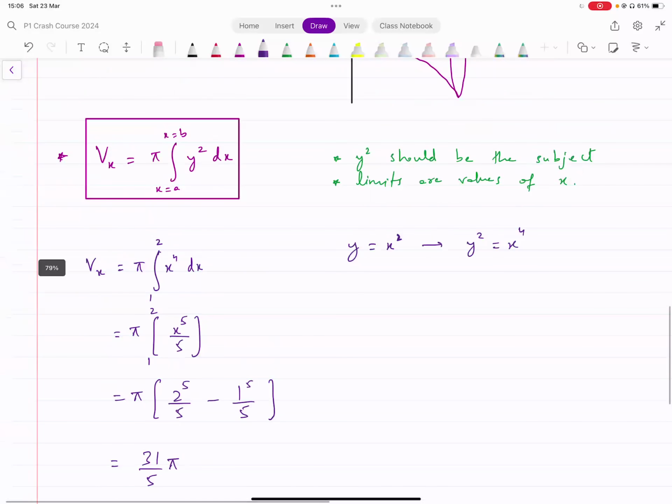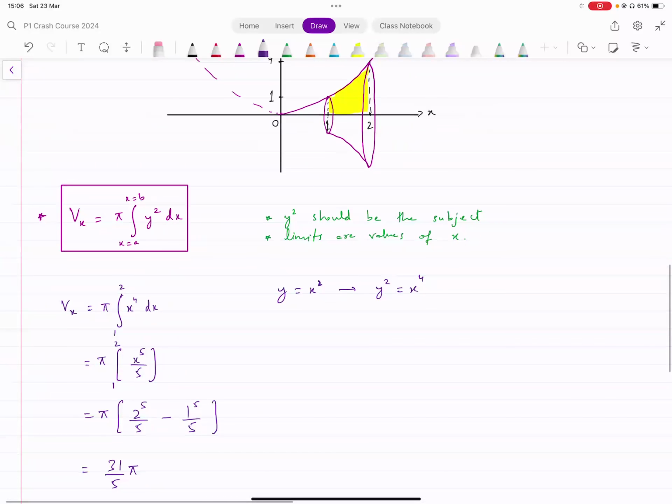That's the volume of revolution when this shaded region is rotated 360 degrees about the x-axis. Does this make sense? Any problem with this? No, sir. No? So that's how you find the volume of revolution about the x-axis.